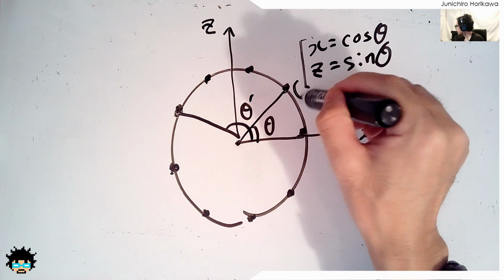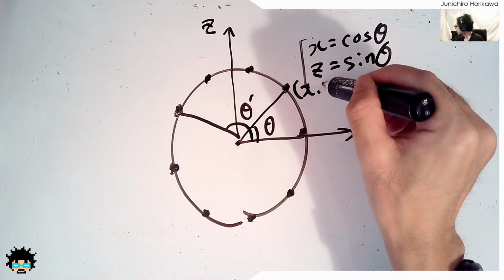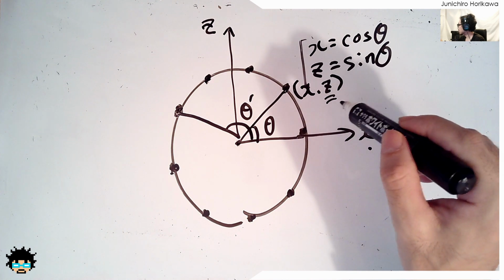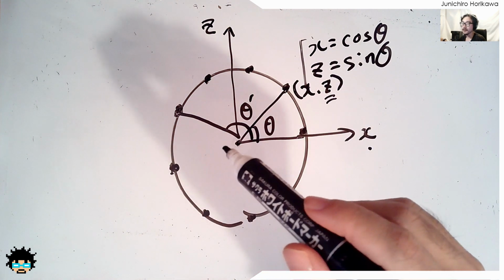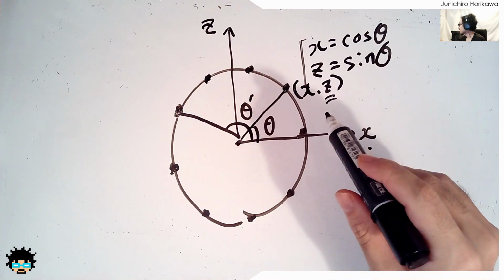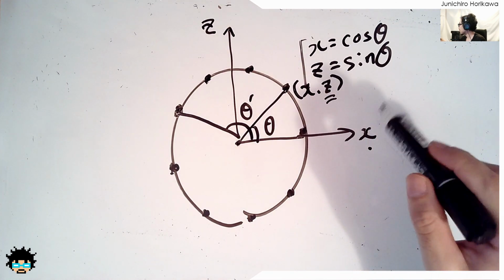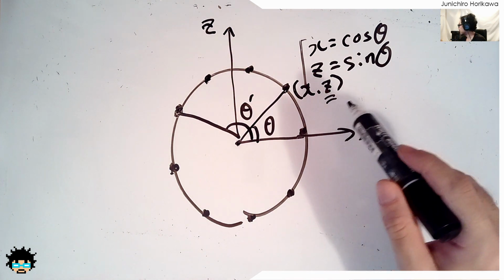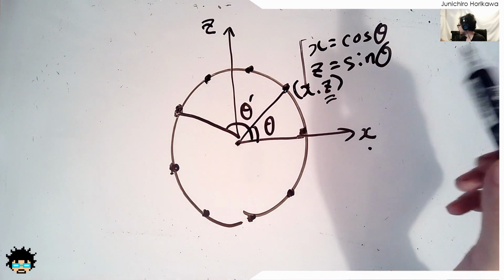point x, z. The reason why I used Z instead of Y is because in Houdini, Z is the ground plane coordinate and Y is the height coordinate, so that's kind of a reason why, but it could also be Y as well.